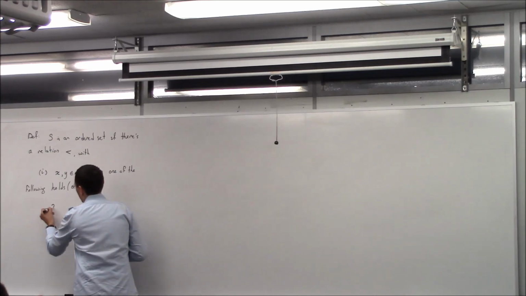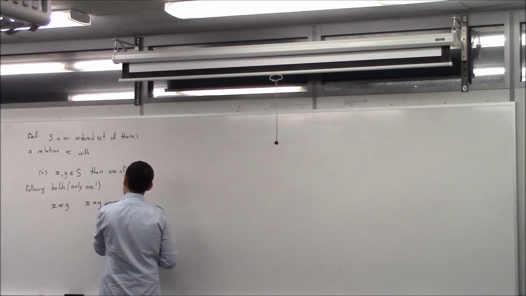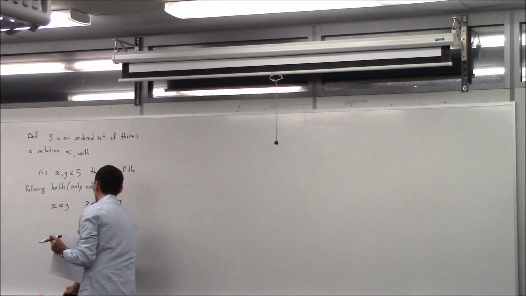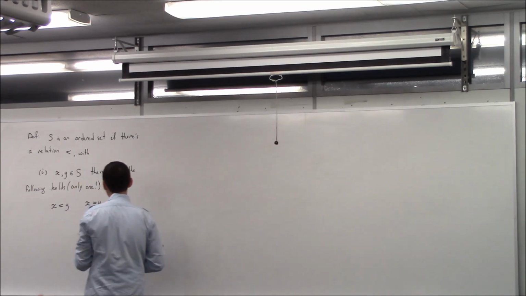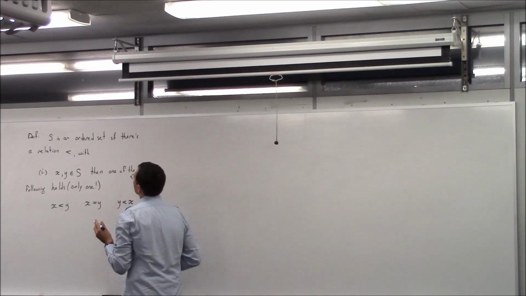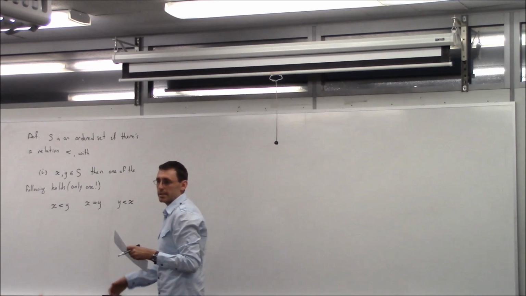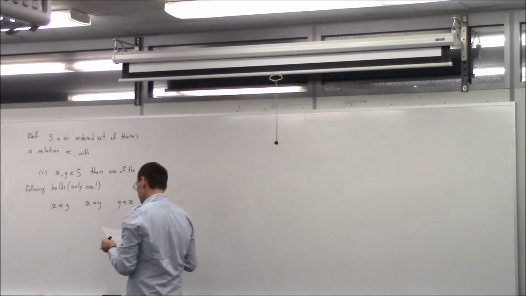Of course, either x is smaller than y, or x is equal to y, or y is smaller than x. So that's what it means to be an ordered set, that there is an order that you can impose on it. This can be a very abstract order.